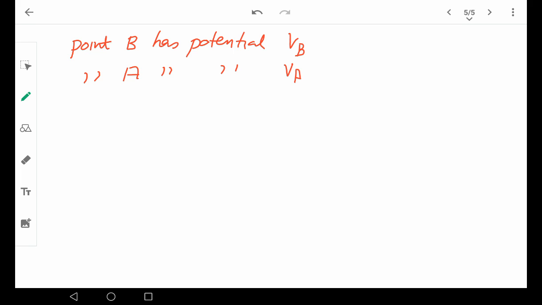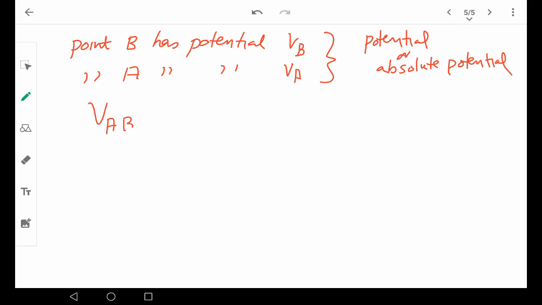So these are called potentials or absolute potential. You can call them potential. And VAB is VB minus VA, the potential difference.